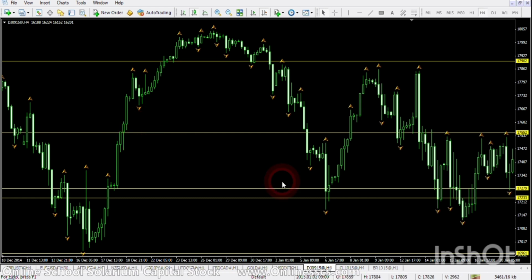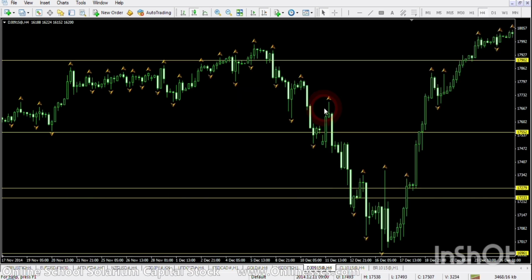Like here we had 2 candles, after it gave me a high, and now it's gone up. So don't expect the price to suddenly change directions.